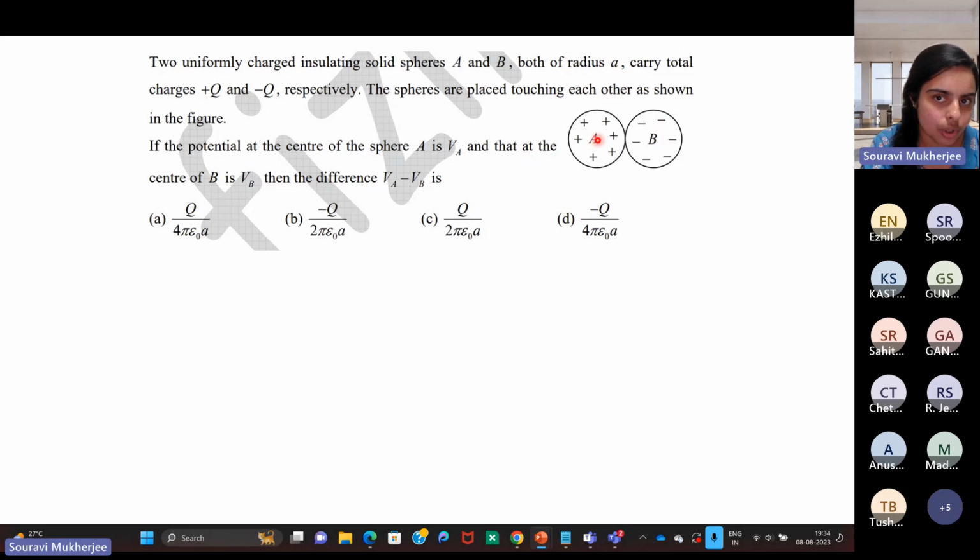There it's at a distance of 2a from the center, right? This is your field point, the center of the sphere. The contributions from both the spheres are not the same, because for one sphere, you are at the center of the sphere. For the other sphere, you are at a distance of 2a from the center. Do you understand?